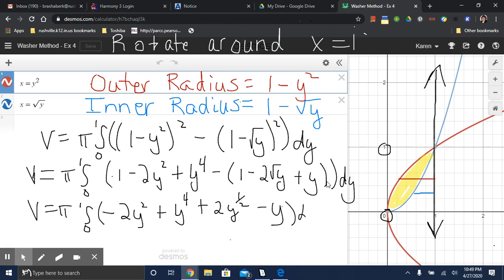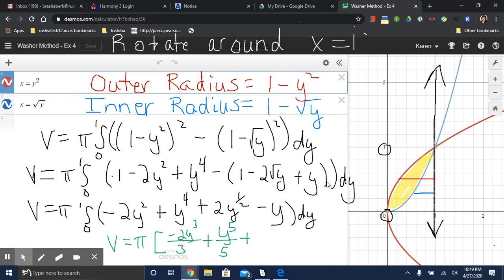And this is what we will finally do the integration for. So volume would equal pi times, so for negative 2y squared, we'll have negative 2y to the third over 3. For y to the fourth, we'll have plus y to the fifth over 5. For the plus 2y to the 1/2, we'll have y to the 3/2 over 3/2.